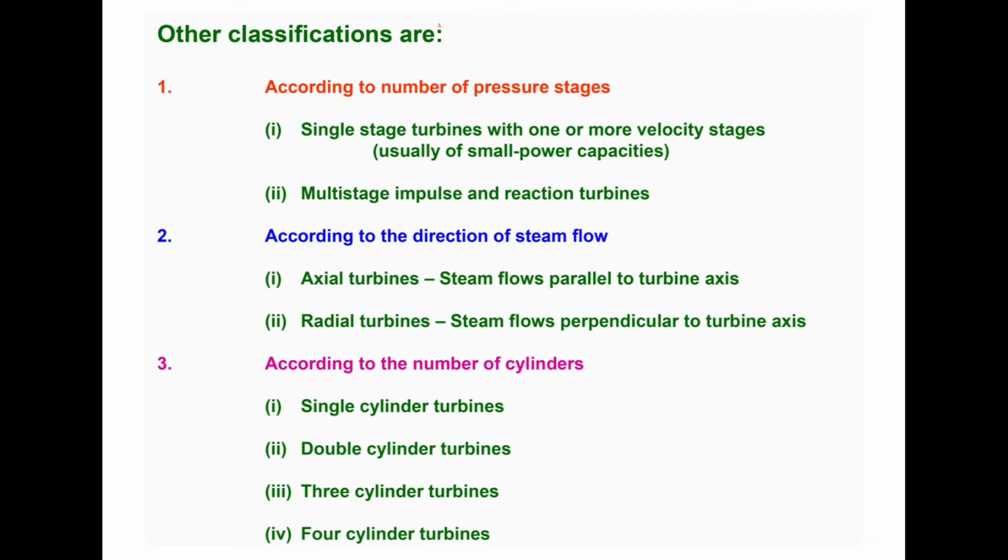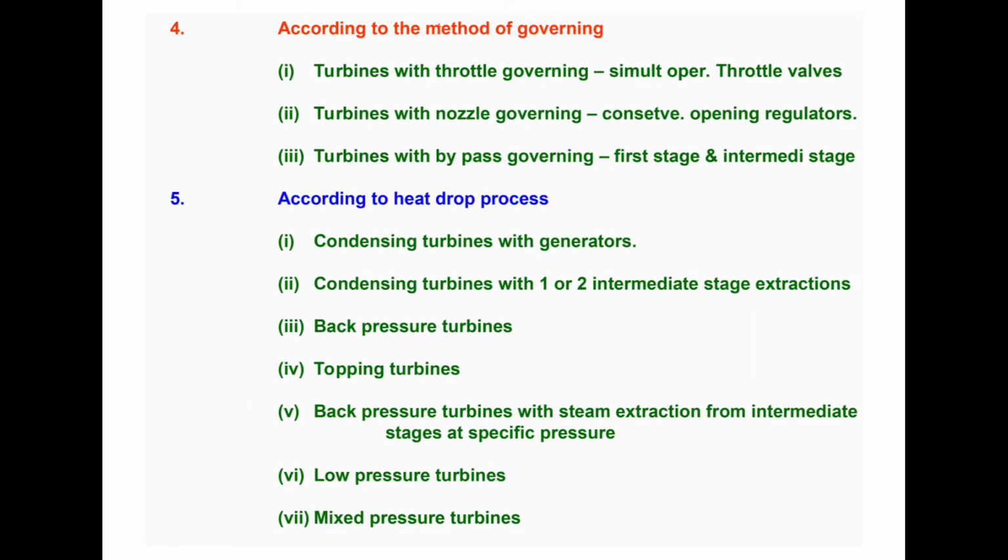According to the number of cylinders: single, double, 3 and 4 cylinder turbines. According to the methods of governing: turbines with throttle governing, turbines with nozzle governing, turbines with bypass governing. This kind of governing I am going to explain in the next part.